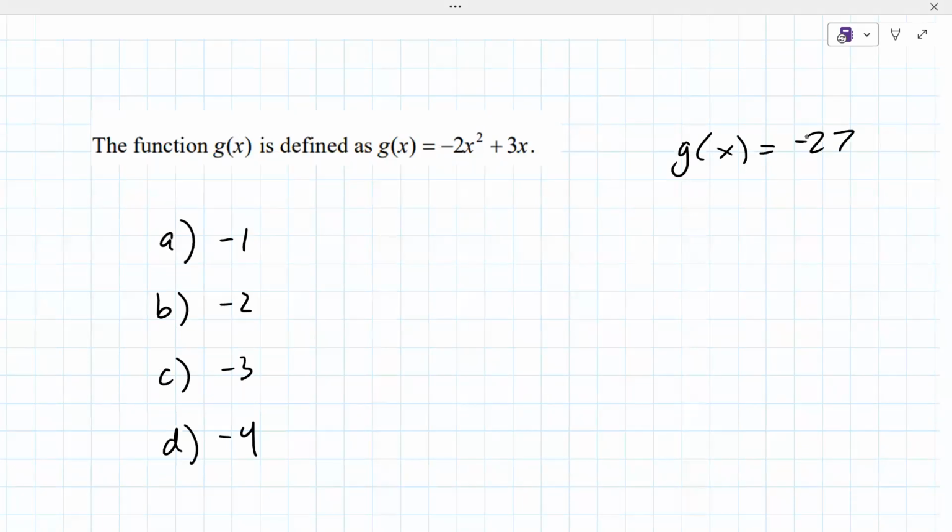Try solving this one. Just like in the previous ones, you're going to set the output equal to the function.